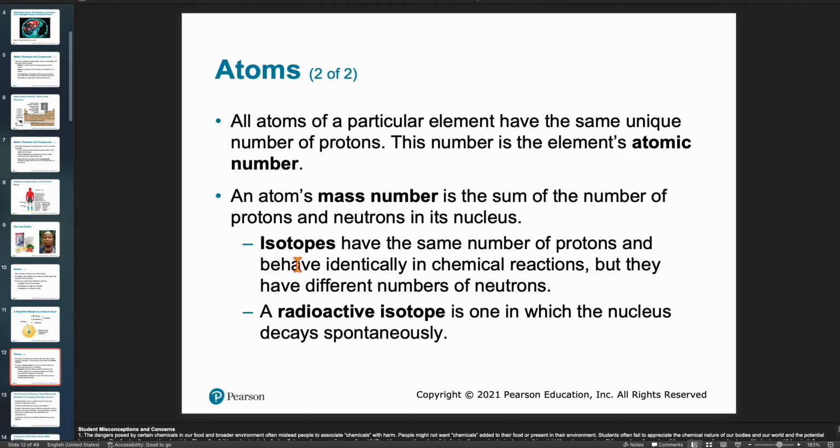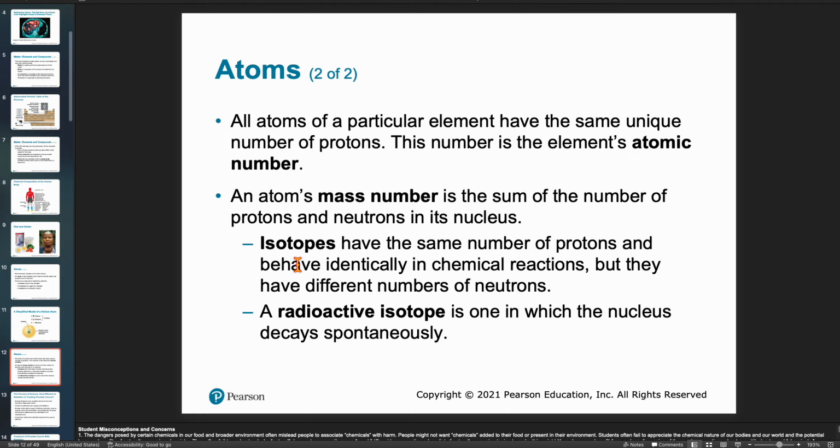And if the masses are different, then what's going to also be different? The number of neutrons will be different. So if the carbon's weight is 12, 12 minus 6 will give me 6 neutrons. But if carbon's weight is 14 and the atomic number still stays as 6, 14 minus 6 means that I now have 8 neutrons.